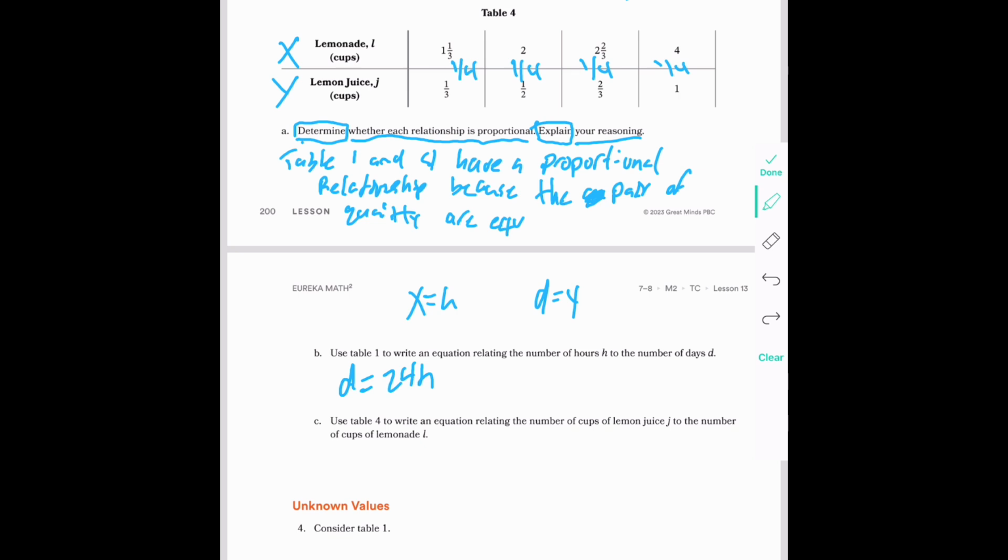So what you should have came up with is, remember, I told you there was 1/4 between each one. And we know that X is the lemonade, or L. So that would mean that 1/4 L, or times L, should equal J, or the amount of juice you use. Okay, very simple.